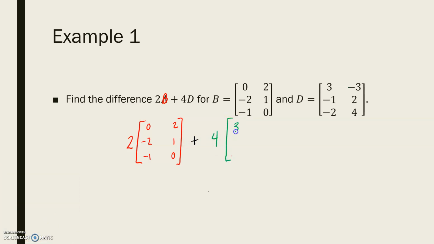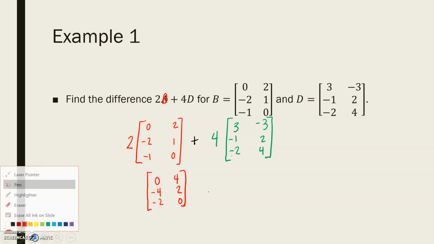So that would be 3, -1, -2, -3, 2, and 4. So I'm going to distribute these, and I would get 0, 4, -4, 2, -2, and 0. I just took each element in this matrix and multiplied it by 2.